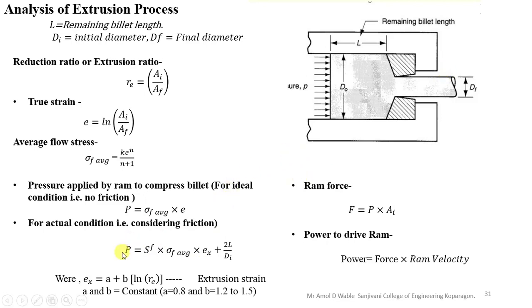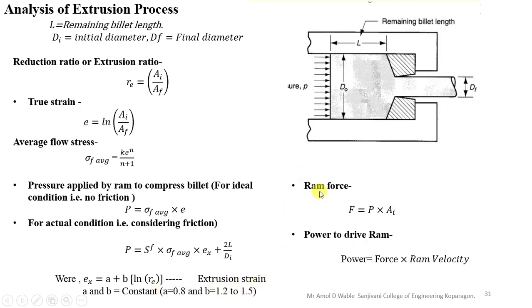You have to remember that in case of an extrusion, SF will always be 1, and εx is the extrusion strain, which is given as a plus b ln of Rx. So a and b are constants, which you can take as a equal to 0.8 and b equal to 1.2 to 1.5. It is a material constant, you can take these values.